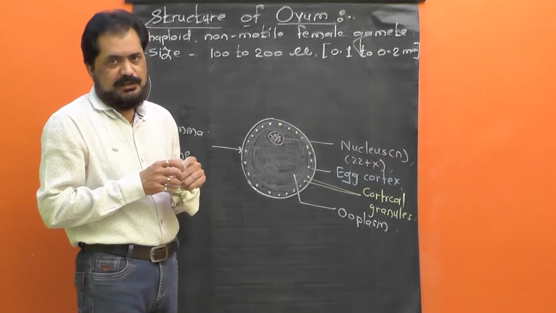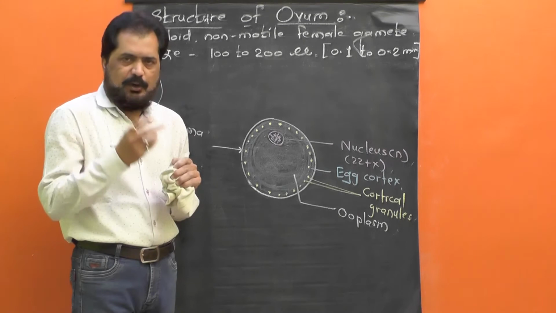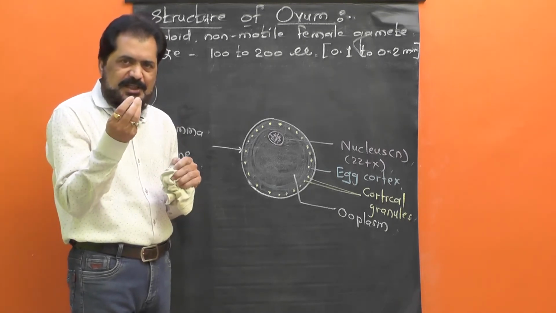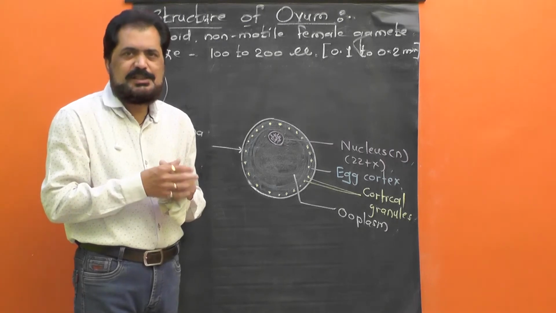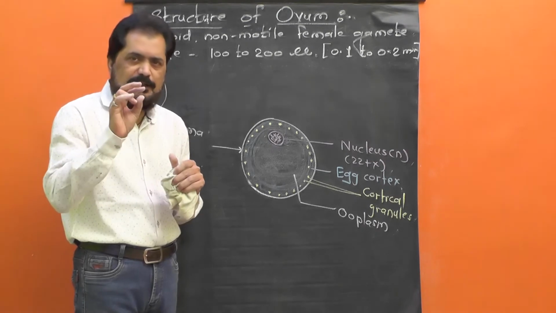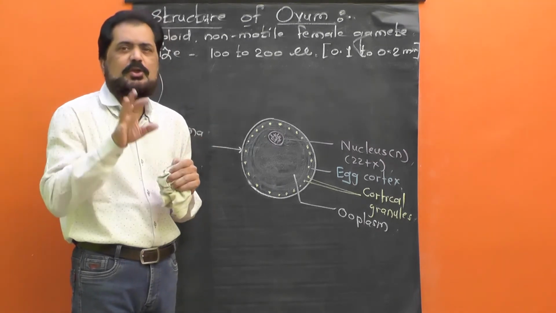All of you have seen the eggs of hen, isn't it? When we break the outer shell of the egg of hen, some sticky whitish material comes out, that is albumin protein, and it is followed by a yellow colored bulb. That yellow colored bulb is nothing but the yolk.